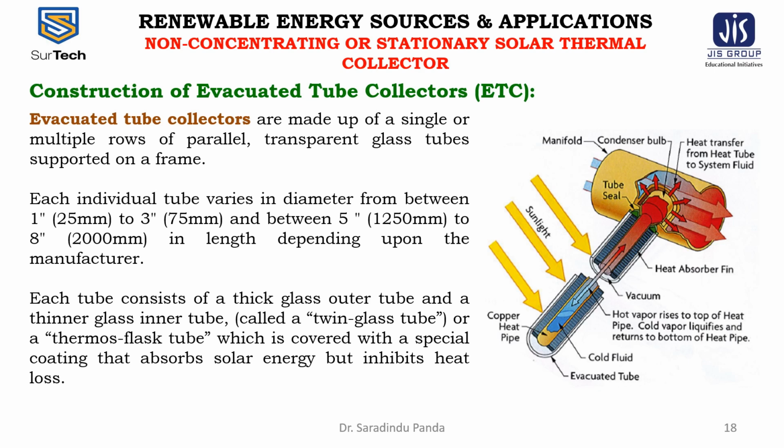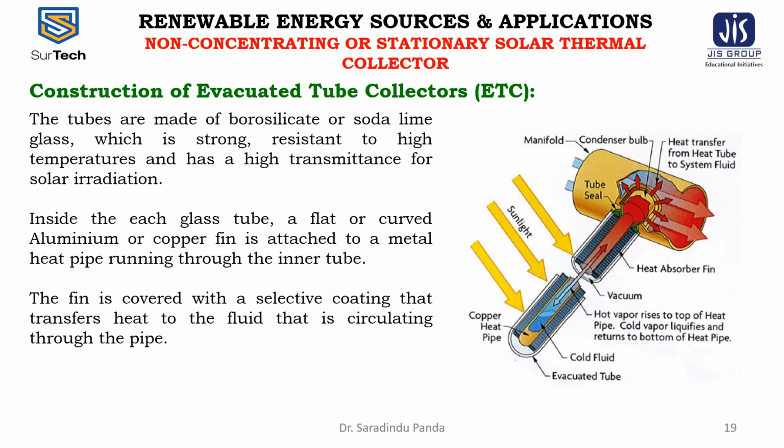Each tube consists of a thick glass outer tube and a thinner glass inner tube, called a twin glass tube or a thermos flask tube, which is covered with a special coating that absorbs solar energy but inhibits heat loss. The tubes are made of borosilicate or soda lime glass, which is strong, resistant to high temperatures and has a high transmittance for solar radiation.